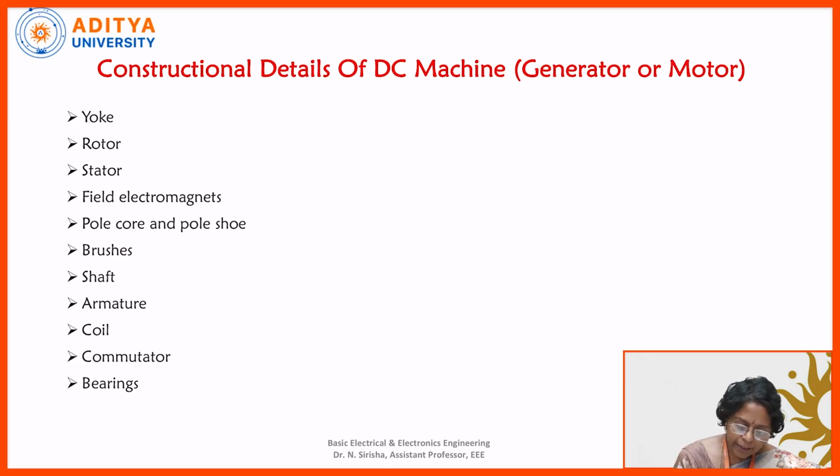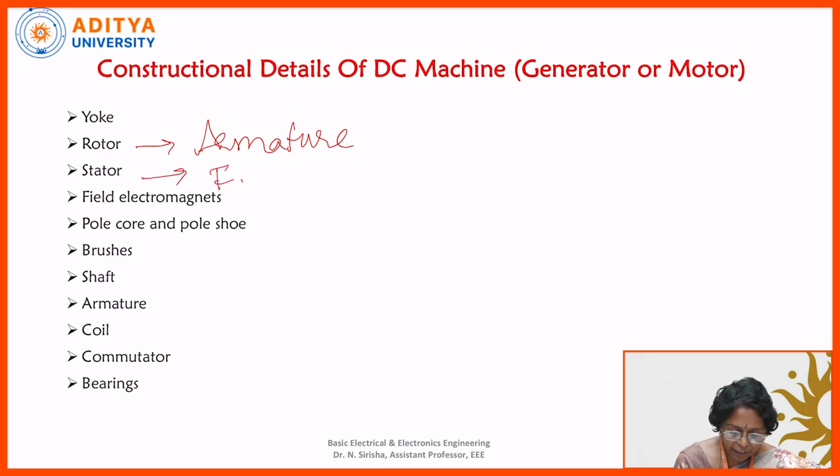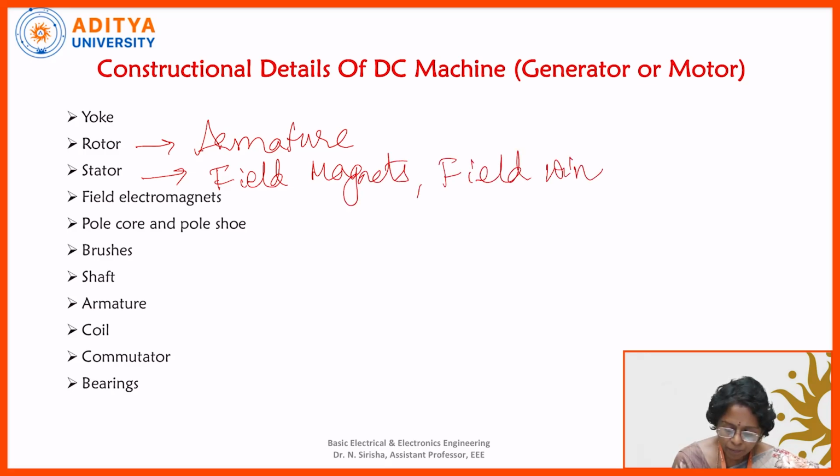In these DC machines, the rotor is nothing but the armature and the stator is the field winding. Field magnets and field windings form the stator. And the armature core and armature winding form the rotor.